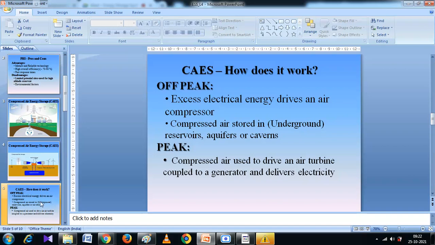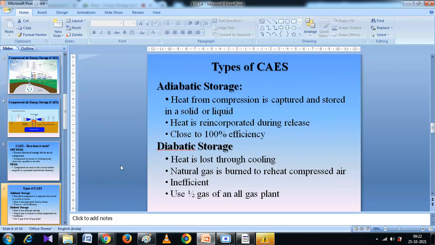So this is the working principle of how the compressed air energy storage system works. Then we go to the types of compressed air energy storage system. We said previously that there are two types: one is called adiabatic, another is called diabatic. In adiabatic, there is no heat loss during the total process.